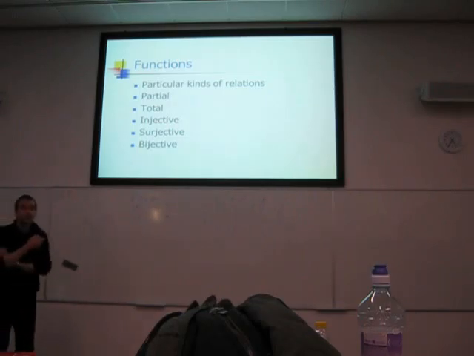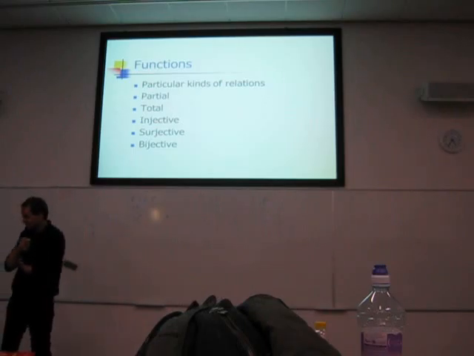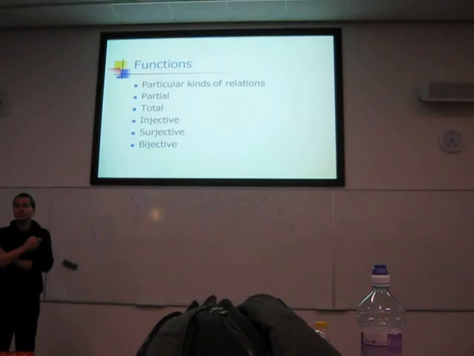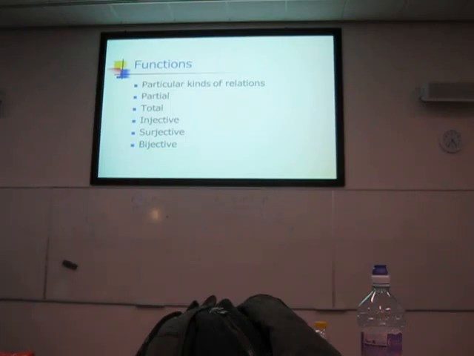We then progressed to a special kind of relation, functions, and looked again at partial, total, surjective, and bijective versions thereof. And basically, because functions are just special kind of relations, all the relation notation we used beforehand still works.